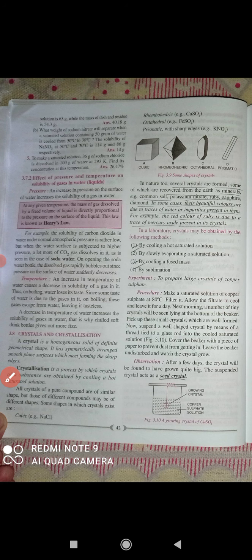Just like magnetic induction, you know that if you keep iron around a magnet, that iron also gets some properties of the magnet. Similarly, that seed crystal will induce the copper sulfate molecules present in the solution to attach on it, to come and fall on it and make the crystal bigger. After some days the crystal will be bigger and you will collect it, that is the pure copper sulfate crystal. That is the process of crystallization.